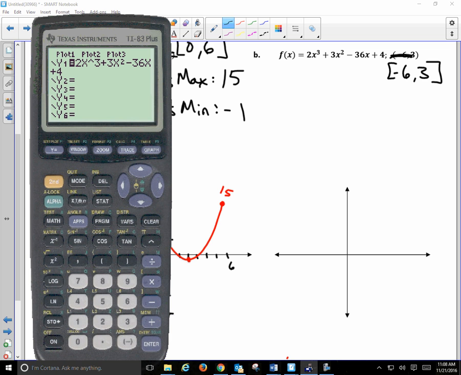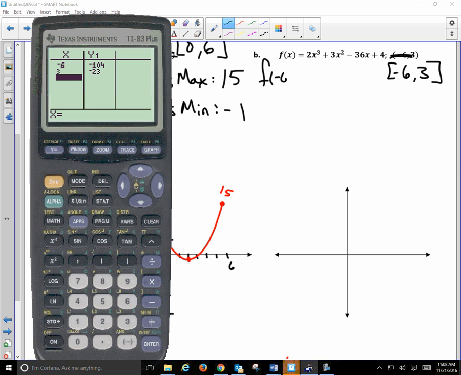Yeah, I go to table in this situation, and I would type in -6. And I'd type in +3. So we have f of -6 is -104, and f of 3 is -23.